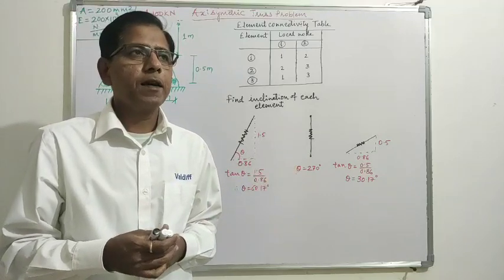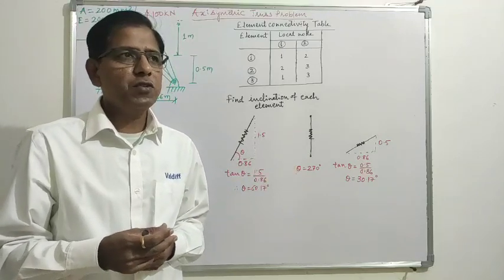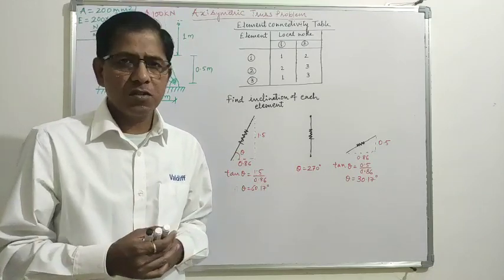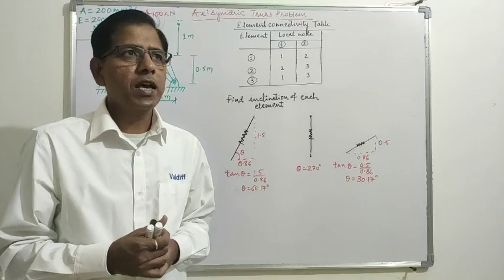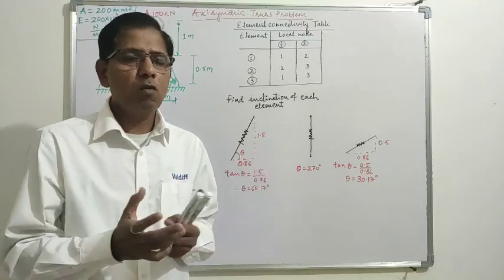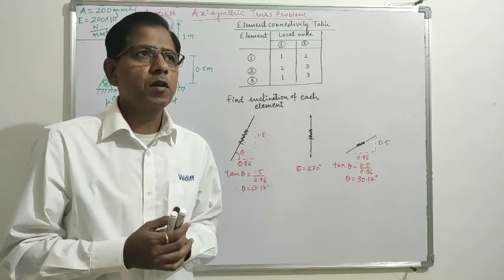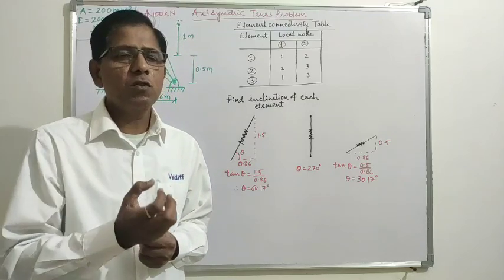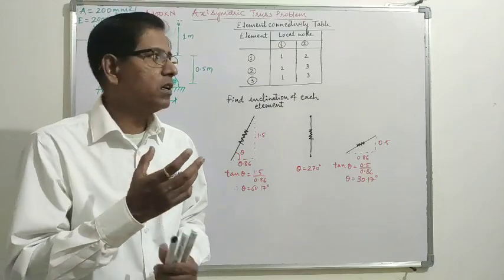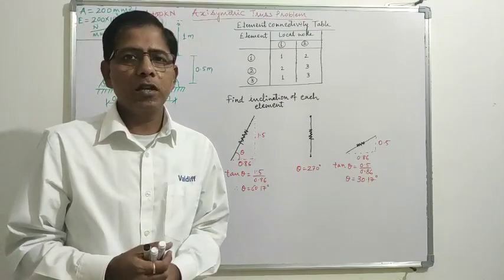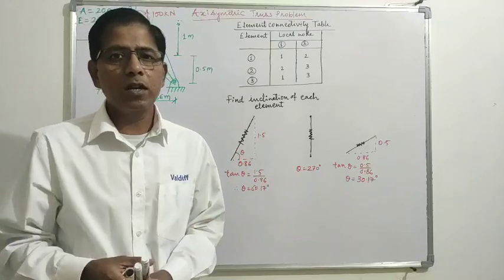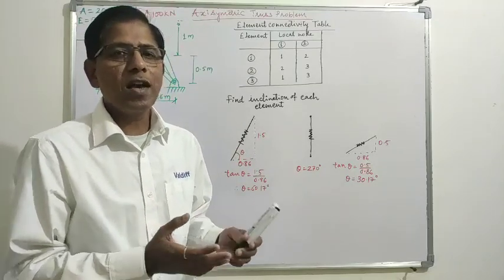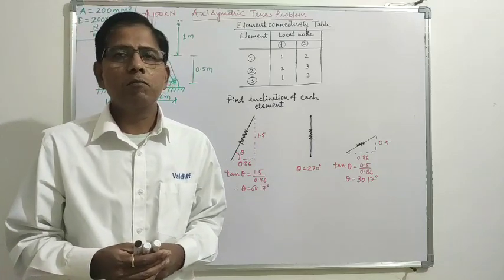So there are some methods by which you can simplify the complexity of a truss problem. We can reduce it to such a level that we can do the calculations manually.